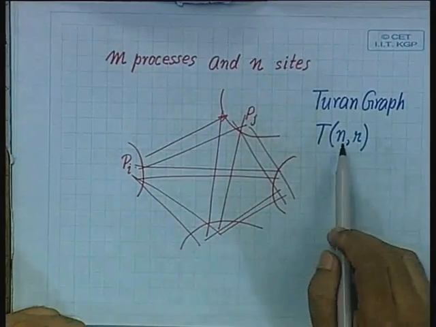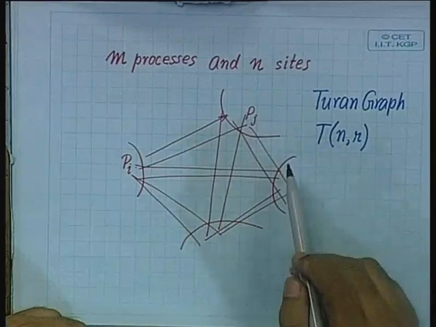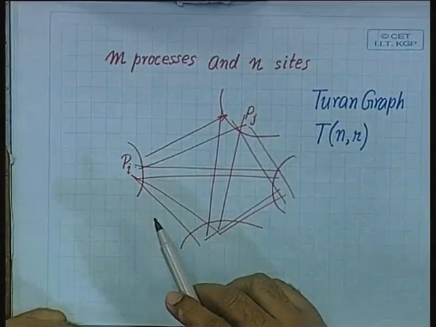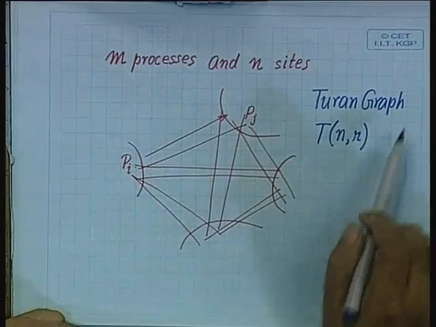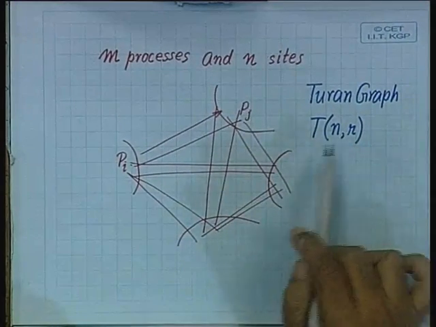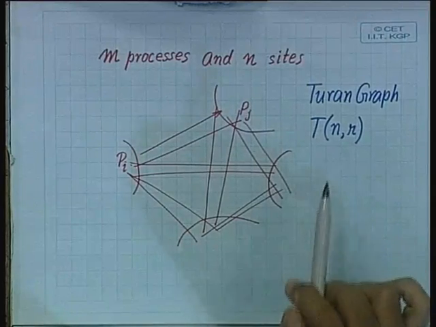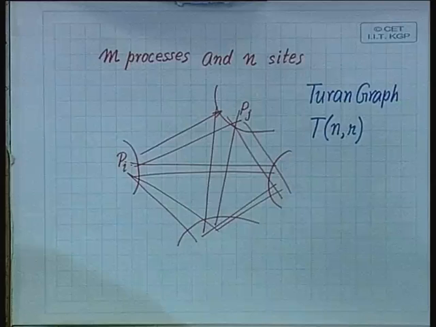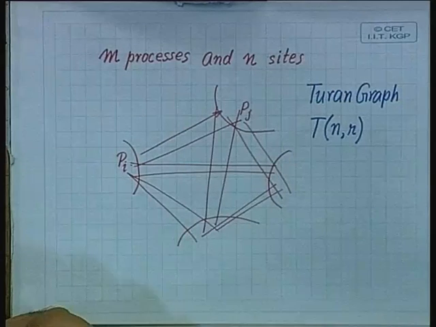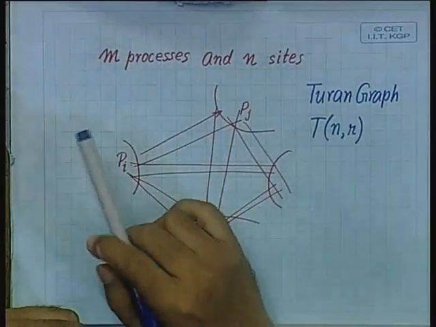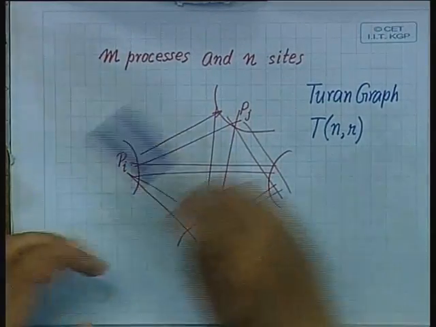Basically what we do is we distribute these n vertices in a balanced way among the r partite sets, and there is Turan's theorem which shows that among all r-partite graphs with n vertices, this is the one which has the maximum number of edges, right? And then you count the number of edges of T(n,r), that gives you the worst case message complexity of this algorithm.